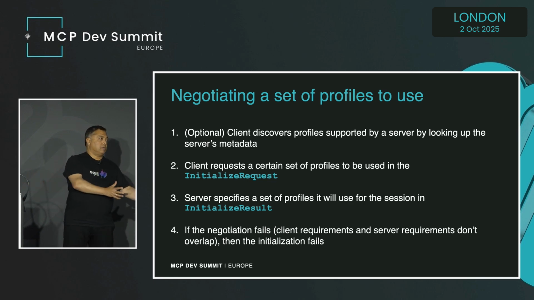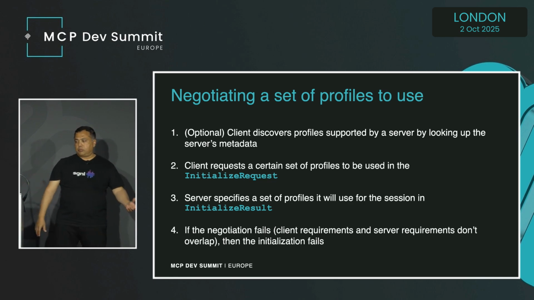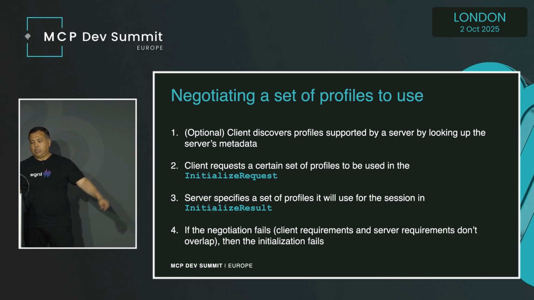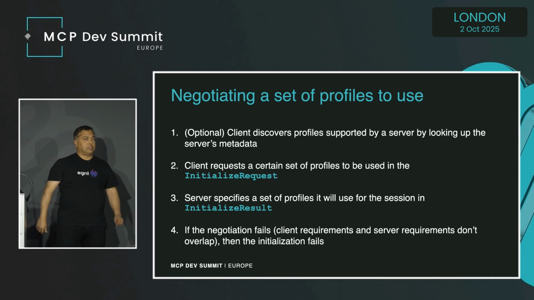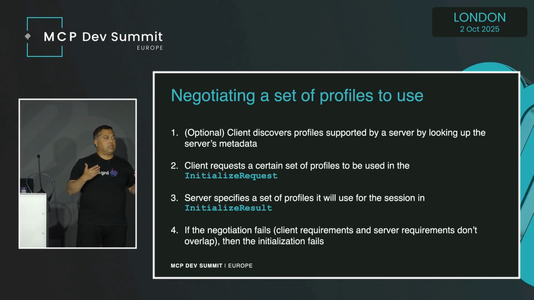So they're going to send another set of profiles in the response, in the initialize result. They'll have a profiles field in the initialize result that tells you which profiles they're going to use. If the client and server can agree that that's a good set to continue, it'll work. Otherwise, the client can drop the connection, or the server can reject the request.